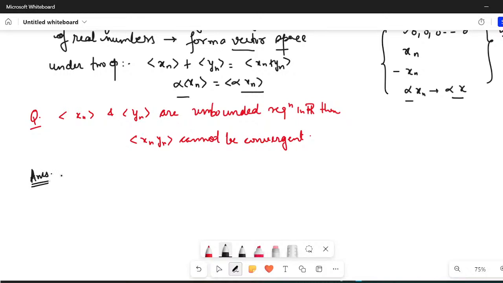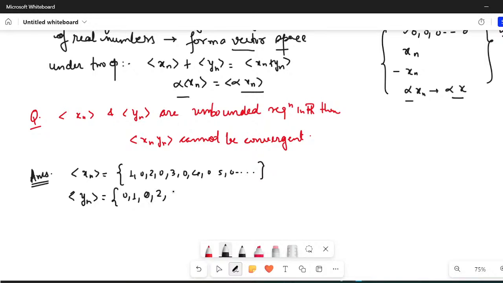Let us define xn to be equal to 1, 0, 2, 0, 3, 0, 4, 0, 5, 0, and so on and so forth. And let us also define the sequence yn in this fashion: 0, 1, 0, 2, 0, 3, 0, 4, 0, 5.